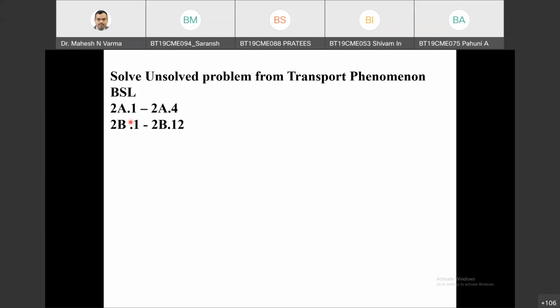Now you should be expert: when you have only one component of velocity varying in only one direction, you should be able to solve any problem, whether cylindrical, Cartesian, or spherical.